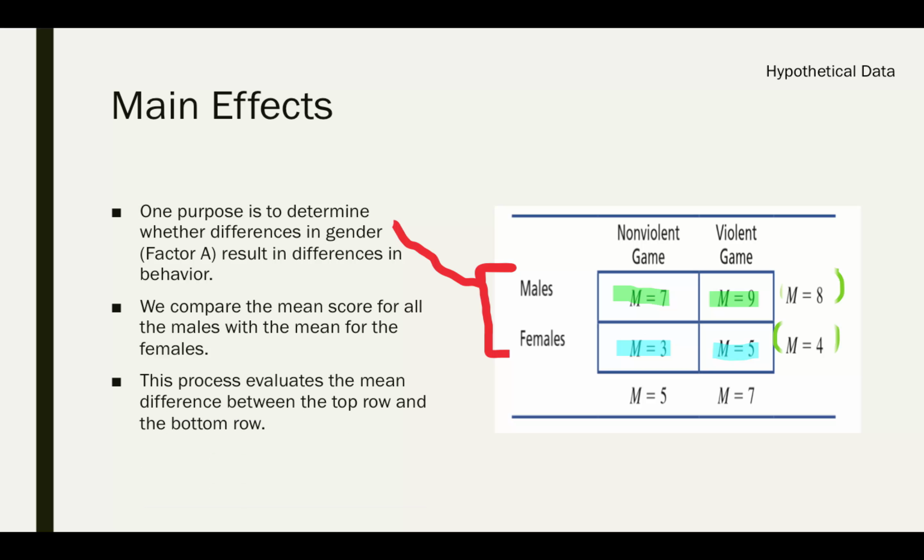And we're finding that there's an overall mean of 8 when you compare violent games versus non-violent games. And then you can also look at the females and see that for nonviolent games played by females, there's an M of 3, and for violent games played by females, an M of 5, which is an average of 4. Okay, now it's interesting because we put this in a matrix, and we can see by just looking at the rows or the columns.